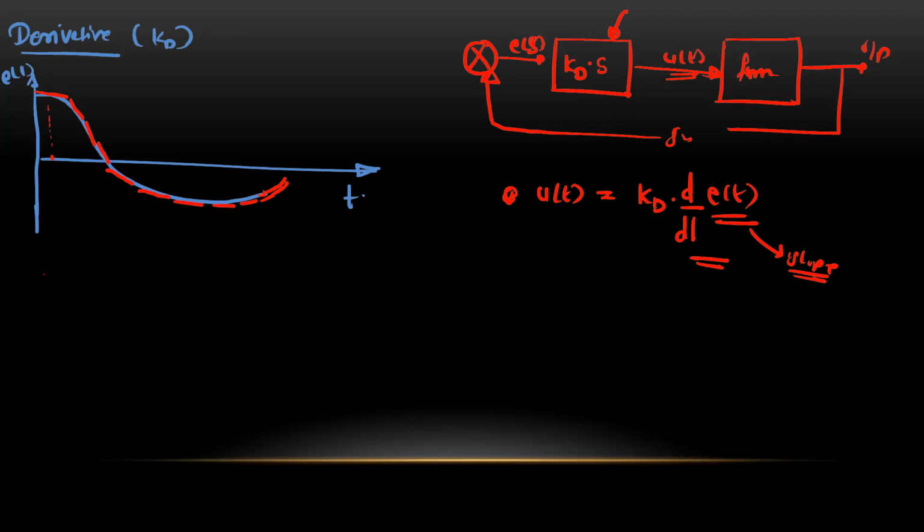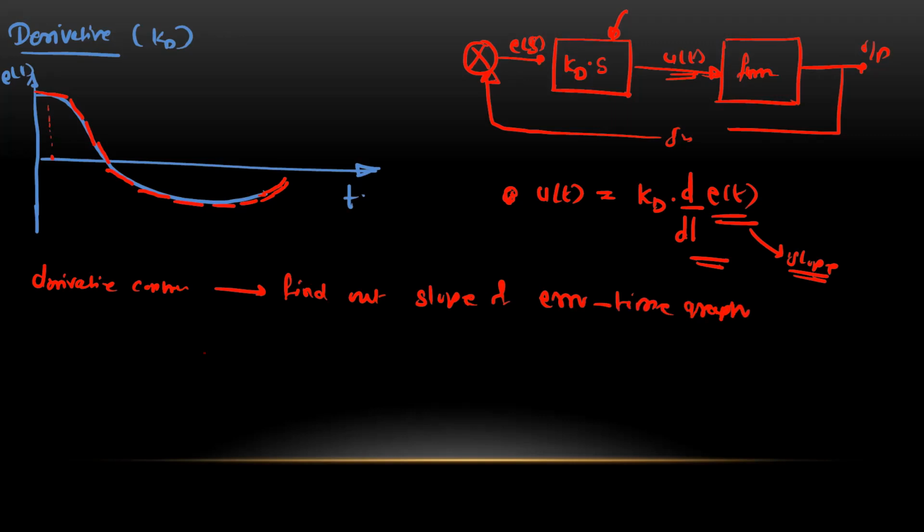So the derivative controller will find out the slope of the error versus time graph, and from this it will predict how fast the system is approaching the desired value.